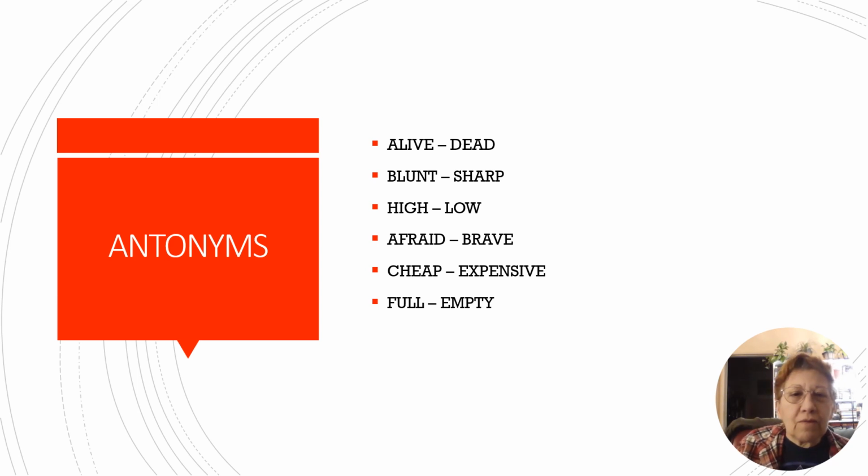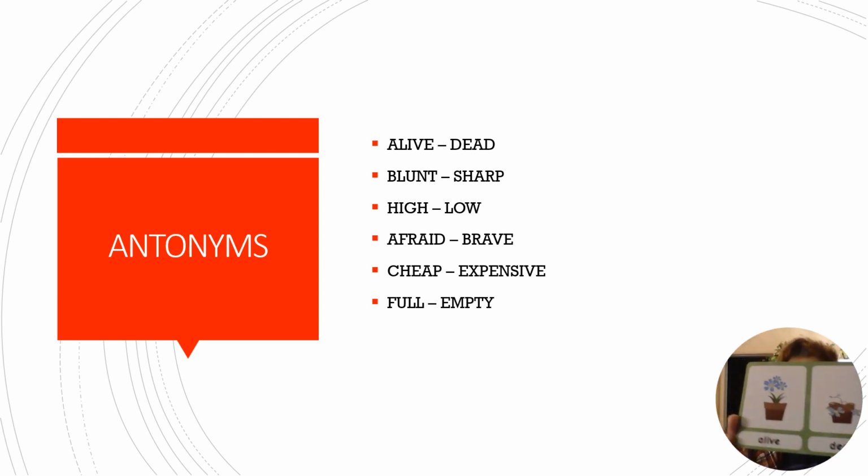All right, so this is the antonyms. We're going to take a look at the first two words, and we see alive, dead. Let's take a look. See the pictures? Let's get that in the camera.